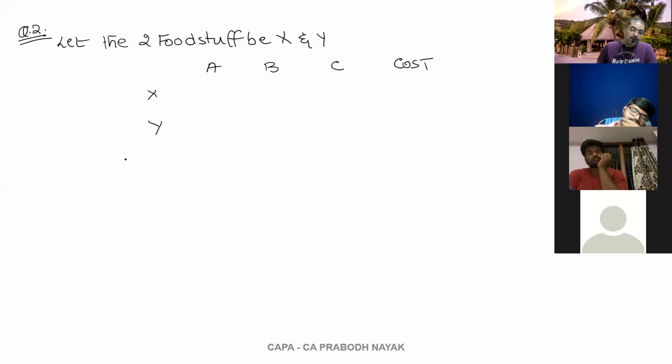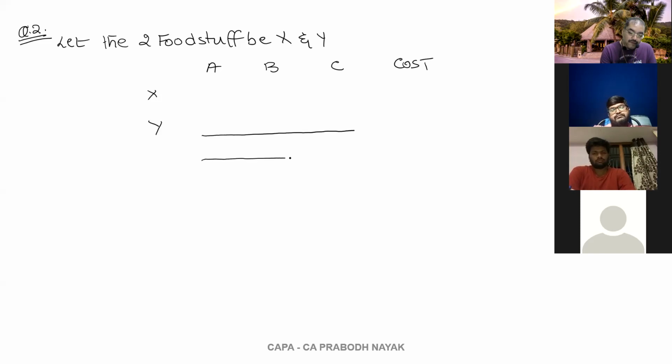Now, what they have given us: the minimum daily needs of the vitamins A, B, and C are 30, 20, and 16. So the total of vitamins A, B, and C should be 30, 20, and 16.